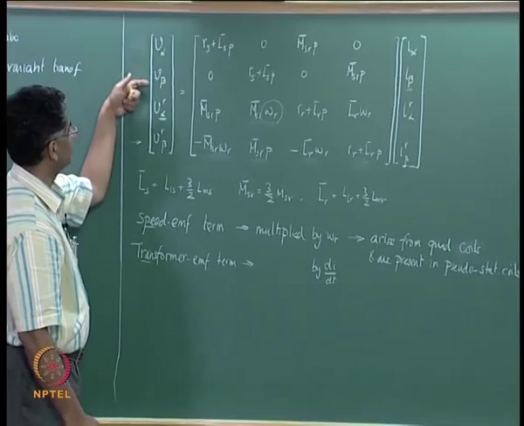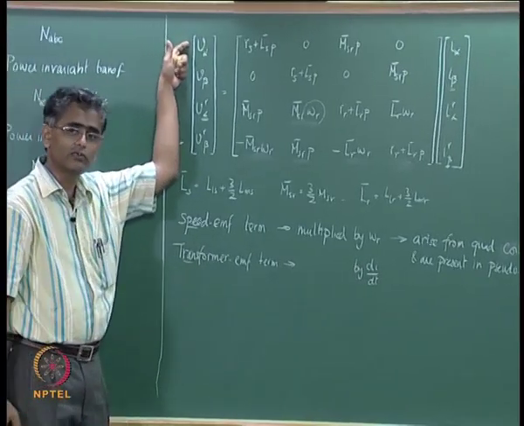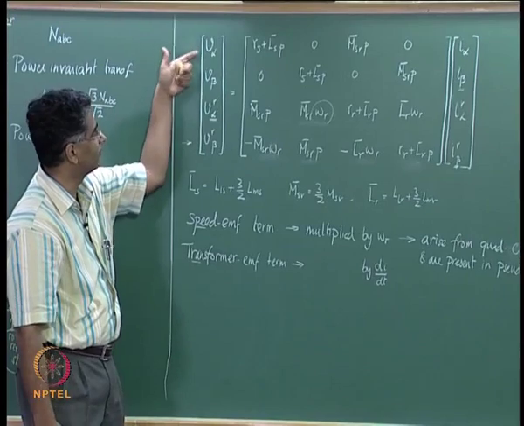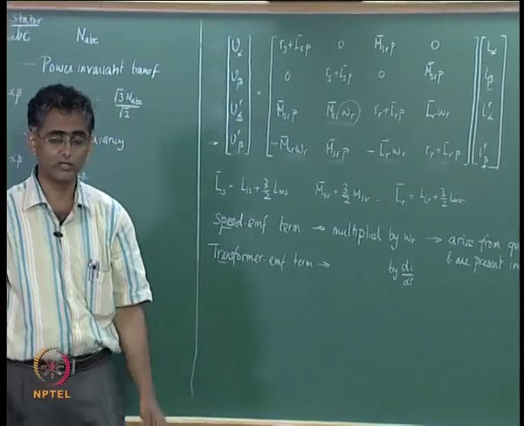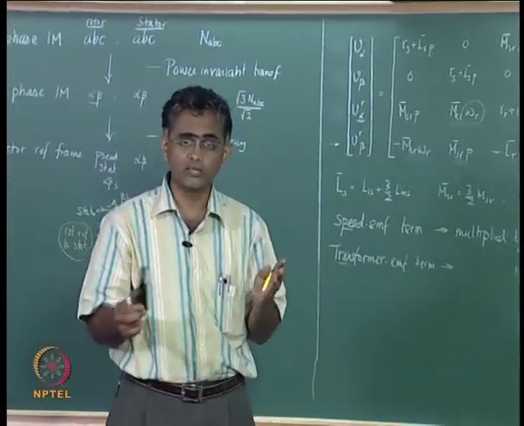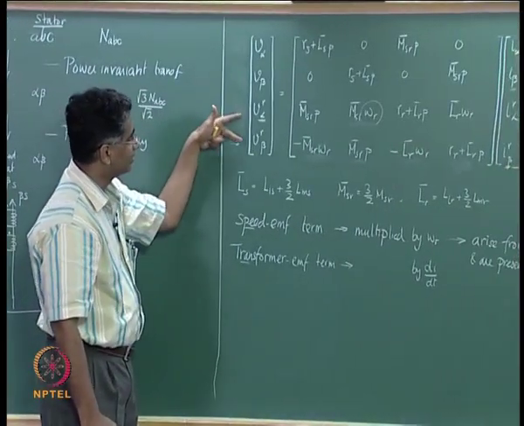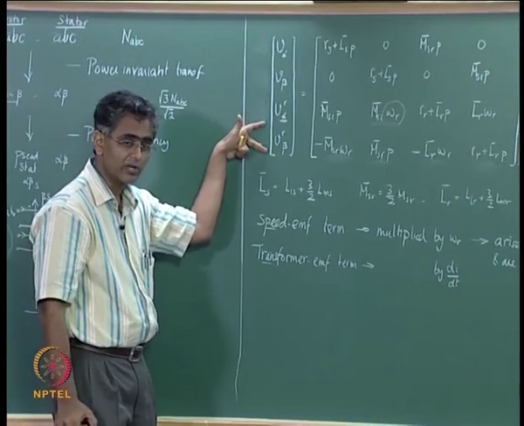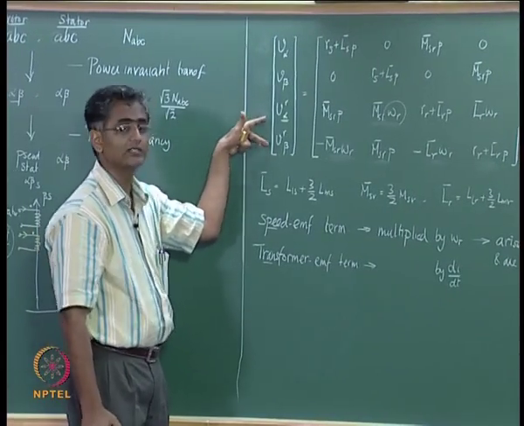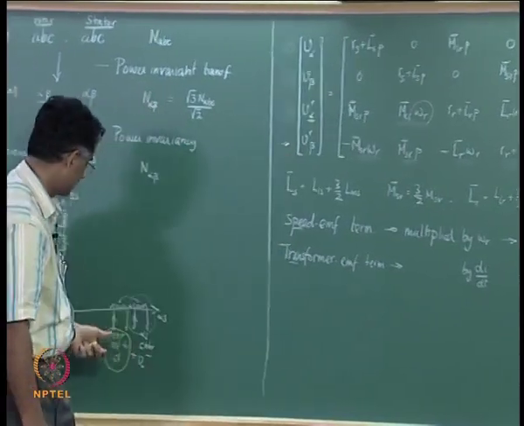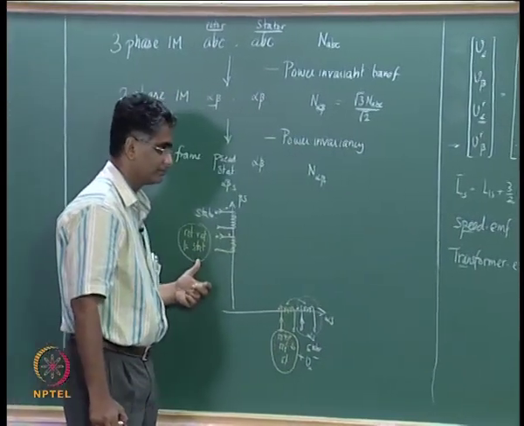In these two expressions which are not for pseudostationary coils, V alpha and V beta are really stationary because they pertain to the stator coils, there are no speed EMF terms, whereas in these two coils there are speed EMF terms, and these coils are pseudostationary coils having come from the rotor.